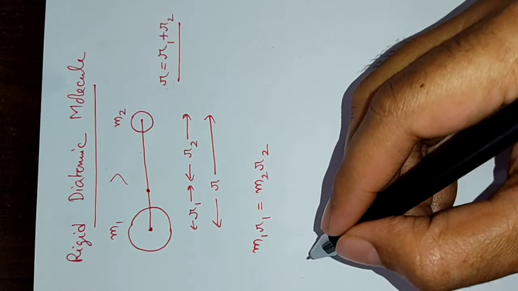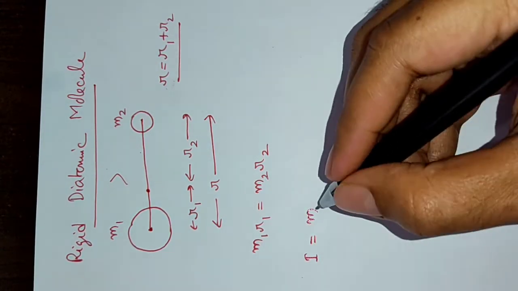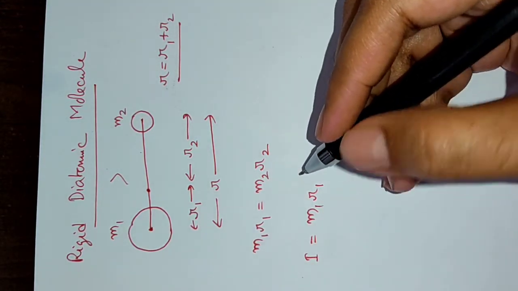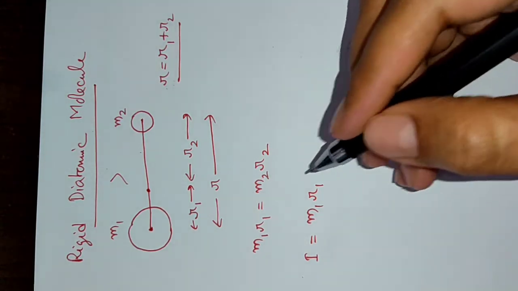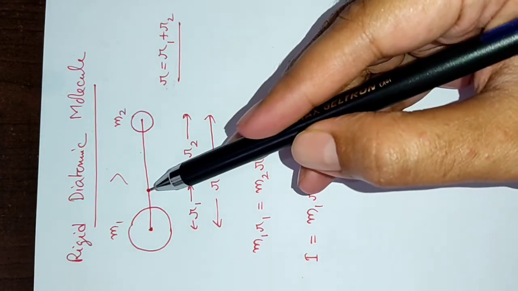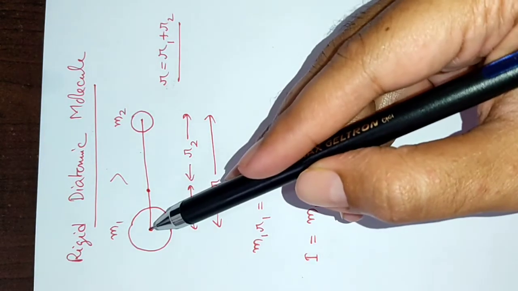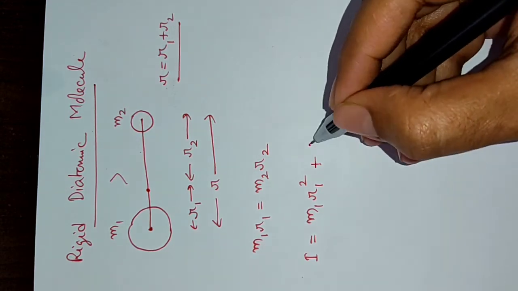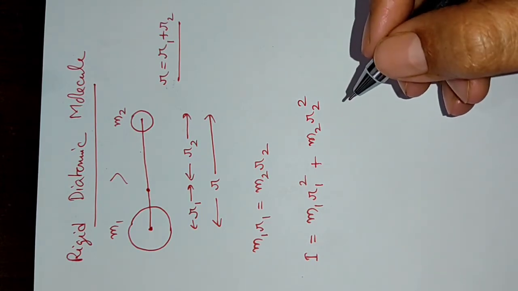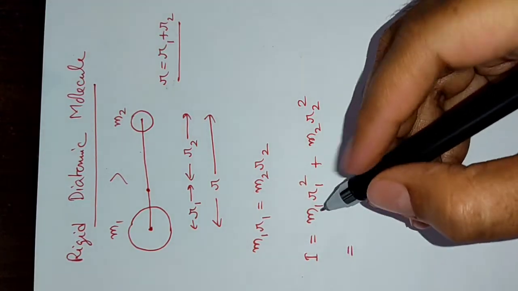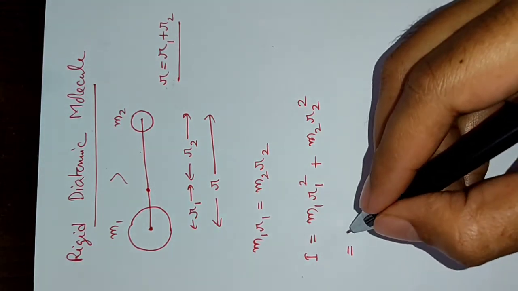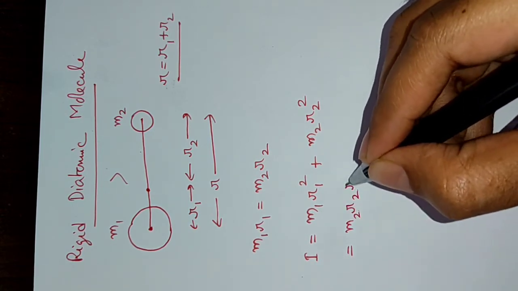Now the total moment of inertia, this is a necessary thing that we will need in determining and predicting the spectral lines theoretically. So the total moment of inertia will be m1 r1 square. From the center of gravity, the distance of this atom is r1, so it will be m1 r1 square, and the contribution of the second atom will be m2 r2 square. Now we will put m2 r2 in place of m1 r1. So it will be m2 r2 r1.